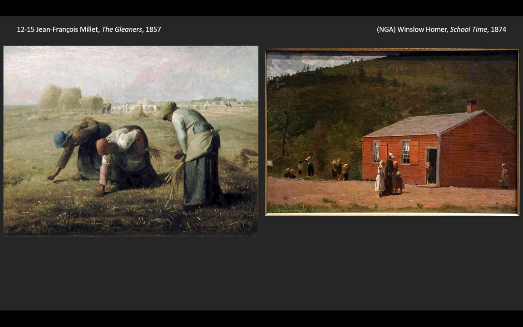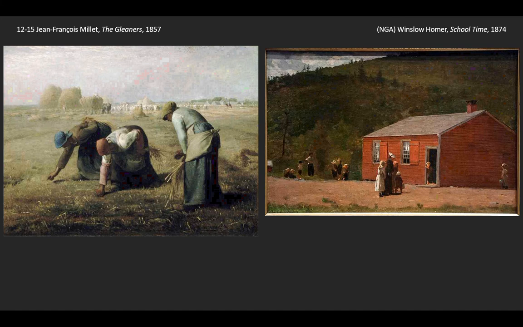At the same time, Romanticism still lingered on, and I think in addition to the realist movement, we'll see in Homer's work numerous romantic elements as well. So he comes back to America from his trip abroad and brings back to the United States these interesting images of common folk.